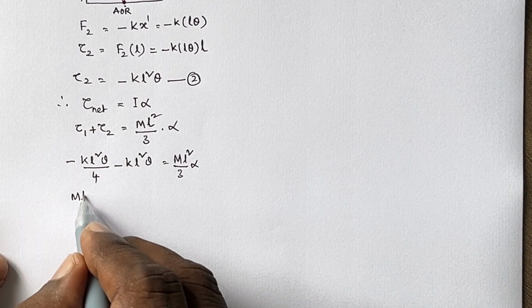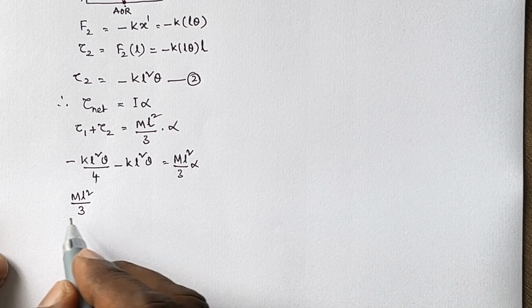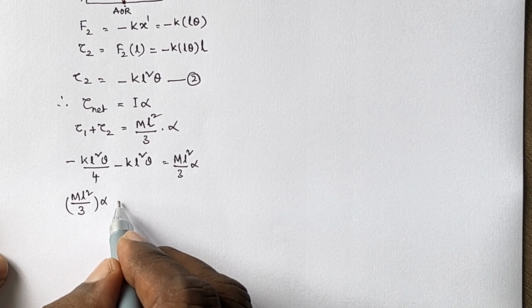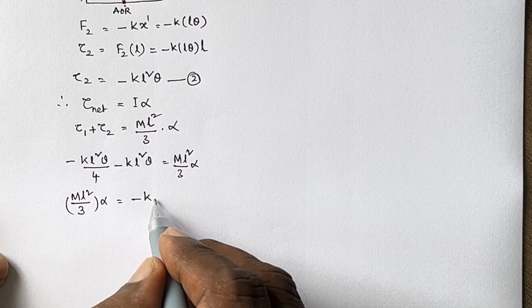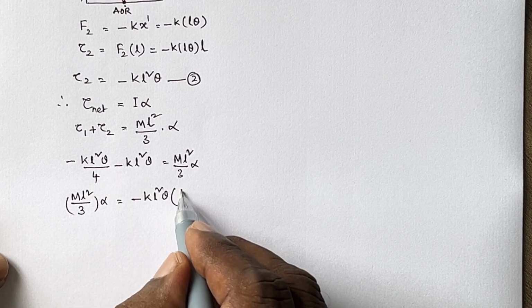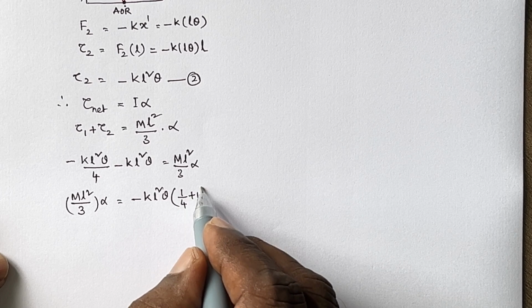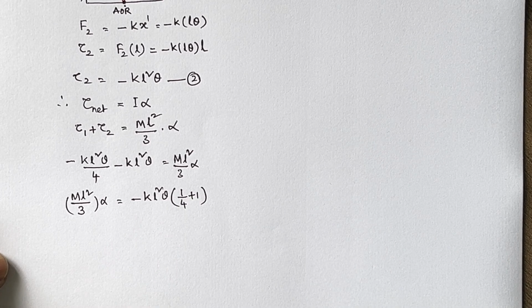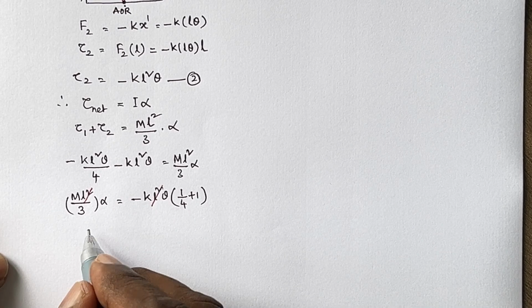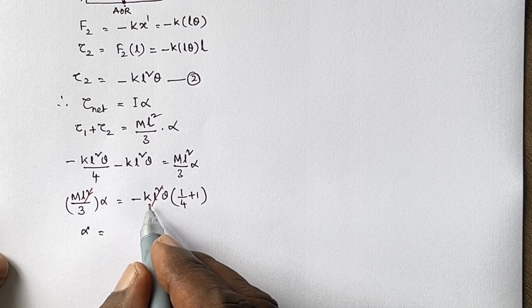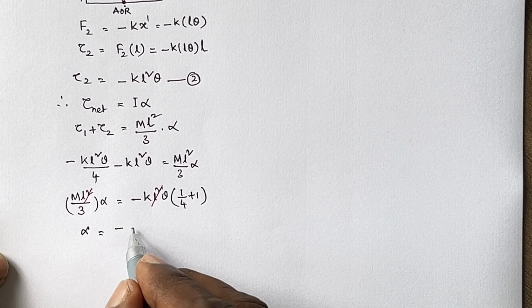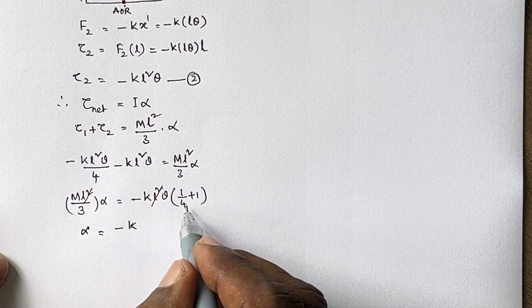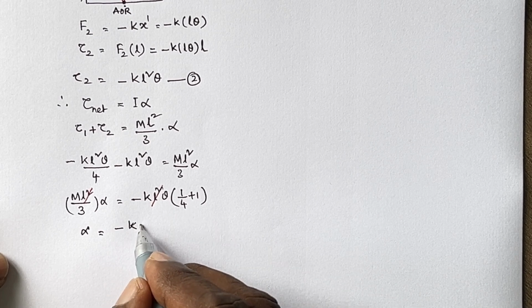mL squared by 3 into alpha is equal to minus, I will take kL squared theta common, then 1 by 4 plus 1. So here L squared cancels. So alpha is equal to minus k, this is 5 by 4.